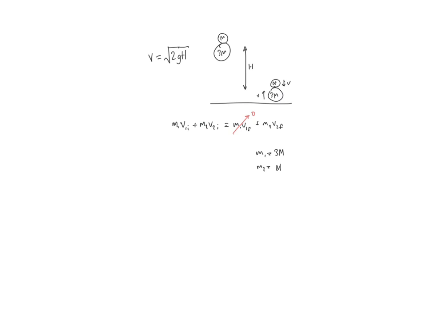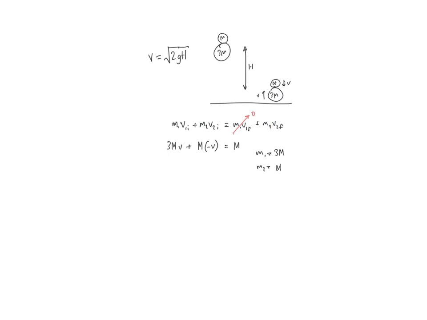Alright, let's get everything plugged in. For m1, which is 3m, with an upward speed of v, plus m2, which is M, with a downward speed of v, so the velocity is negative v, equals M times the unknown speed of the small sphere.